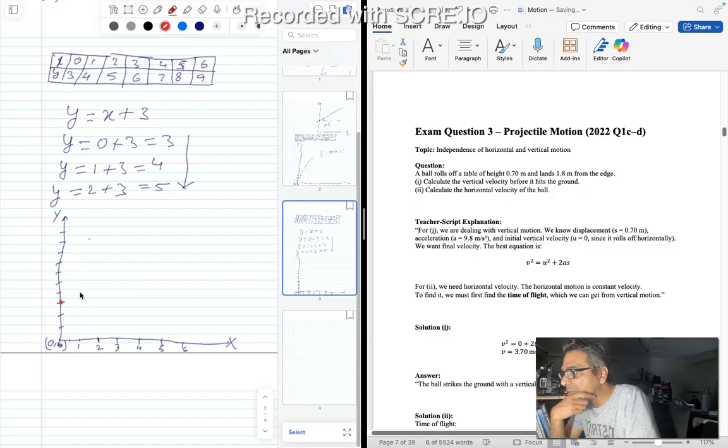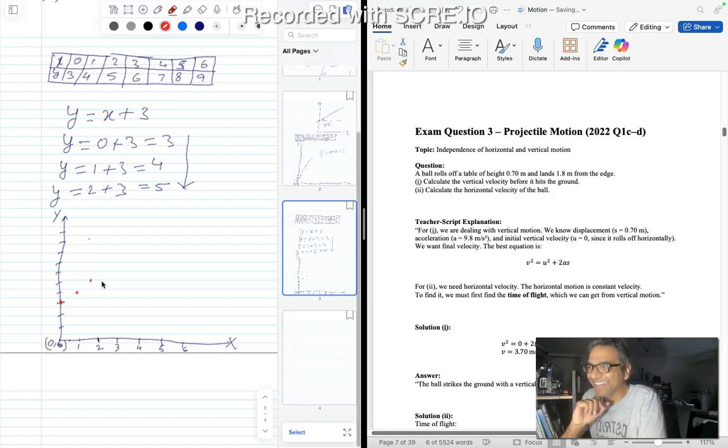So this will be 4. If x is 2, this is going to be 5. Yes, I'm coming to that. No worries with that. Just focus on what I'm doing right now, and then I will explain what the actual meaning of the coefficient m and the intercept value c is.